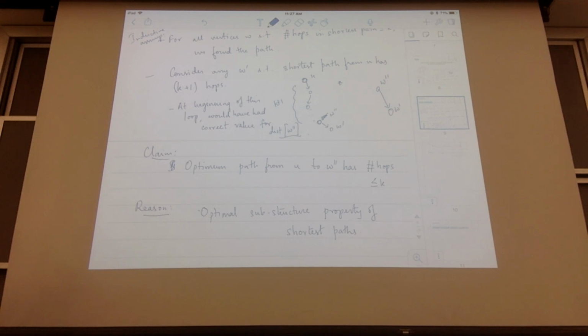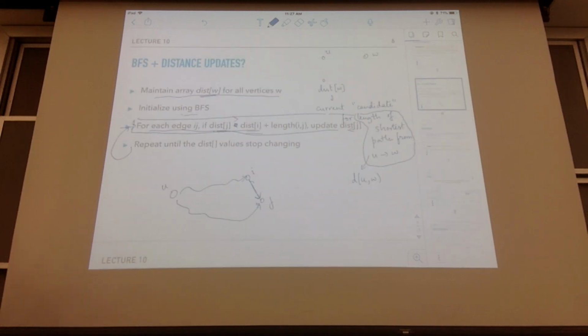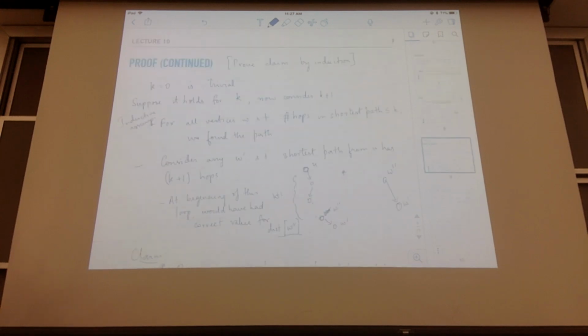Right, but all I'm asking is, each iteration involves doing this check and update step for each edge, right? And suppose you are at this edge, W double prime to W prime. So you will consider this when you are doing this iteration.